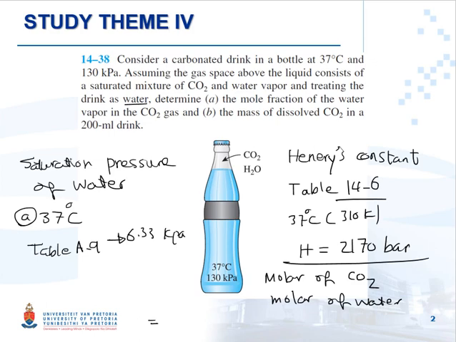So for carbon dioxide, CO2 is 44 kilogram per kilomole, and for water, H2O is 18 kilogram per kilomole. Okay, that is the information that, based on the assumptions, we read from the tables. Now let's get into it and start analyzing and solving.